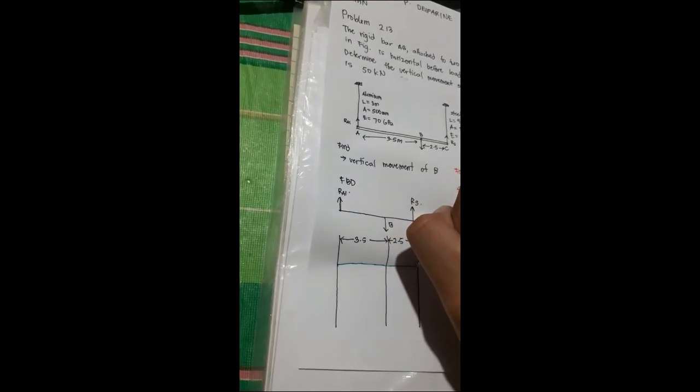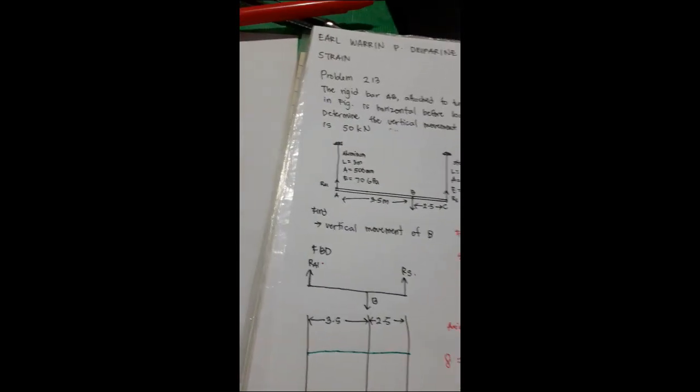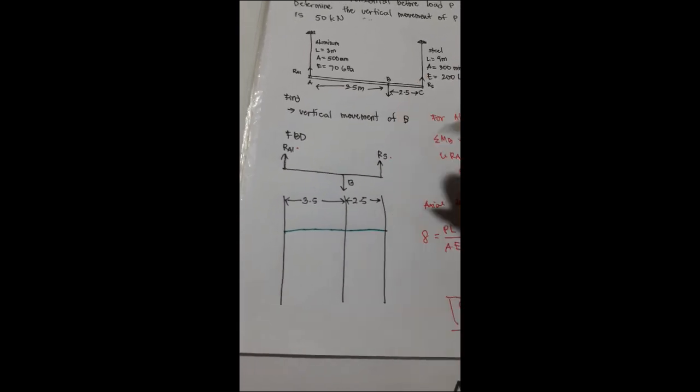Okay, considering that this will be our baseline, or the length of the beam. As for my problem, the rigid bar AB is attached to a vertical rod, shown horizontal before load P is applied. So this green line here is when load P is not yet applied, but when load P is applied, this will be the deformation.